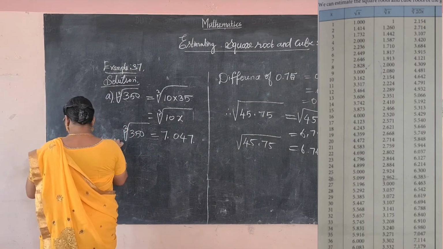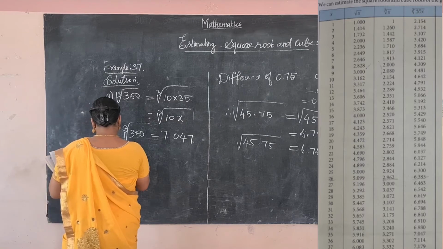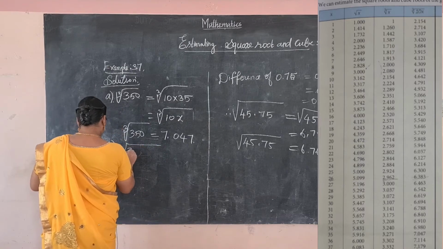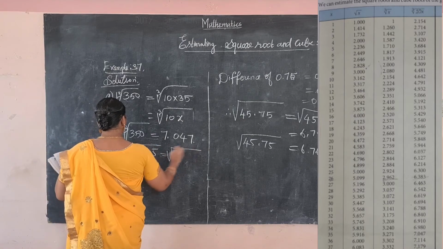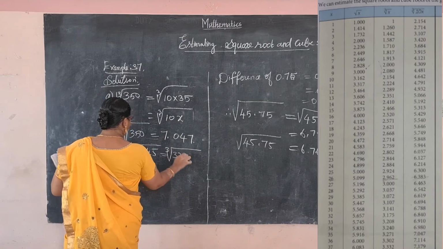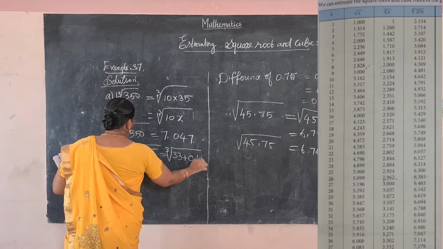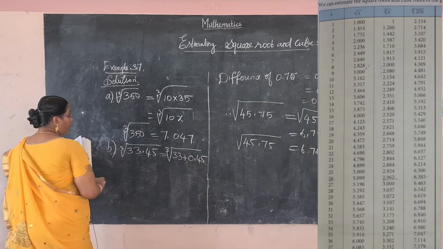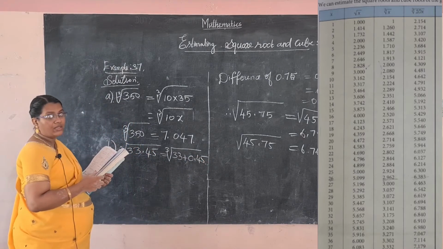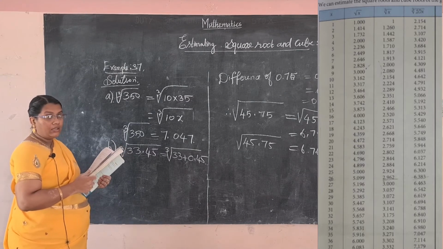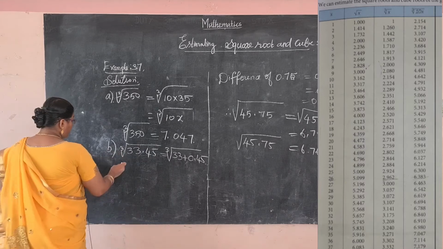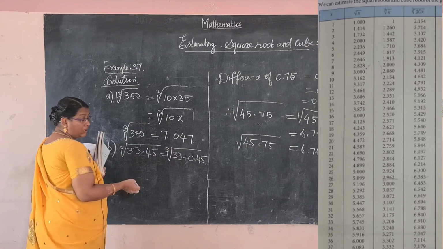And next, the B problem, the cube root of 33.45. It can be written as the cube root of 33 plus 0.45. Here also we have to find the difference for 1. So we find the cube root of 33 and 34.